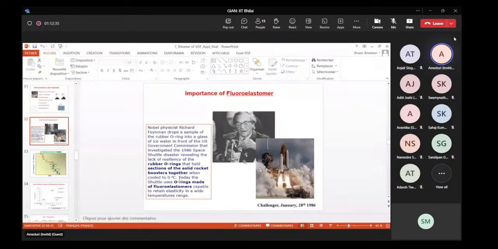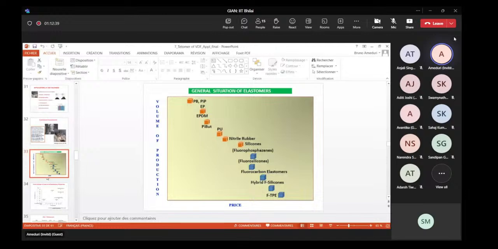And obviously, when you look at the different elastomers, the volume of production depends on the price. Polybutadiene, polyisoprene, EPDM, polyisobutylene, and polyurethane are made in high amounts, and so the price, also because of the monomer, is much cheaper than in the case of fluorosilicones, fluorocarbon elastomers, hybrid fluorosilicones, or fluorinated thermoplastic elastomers.